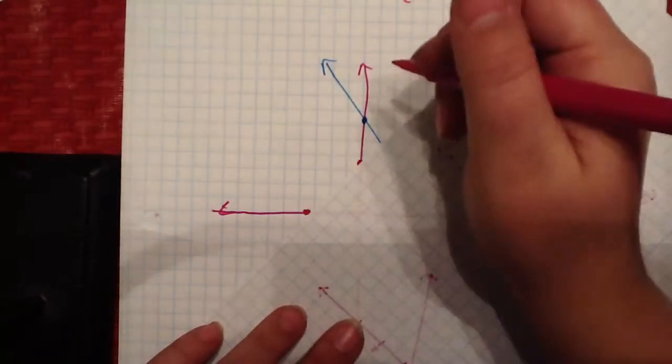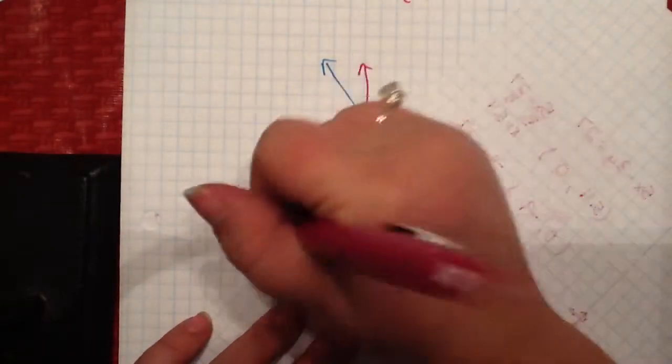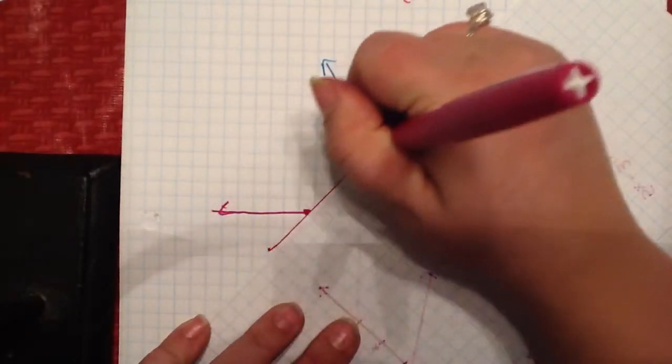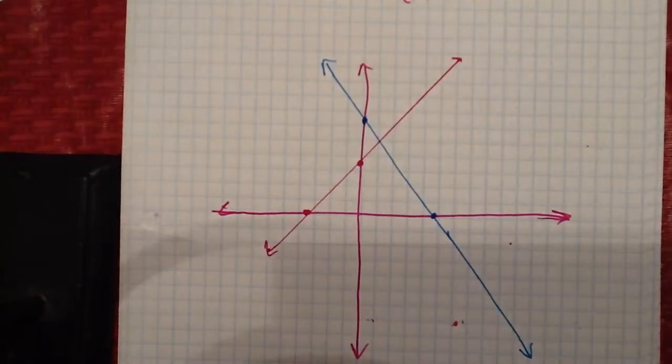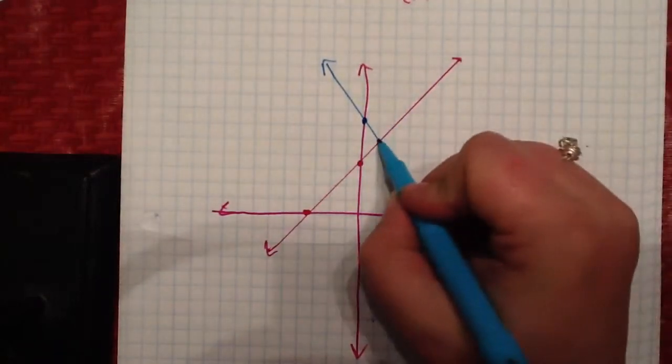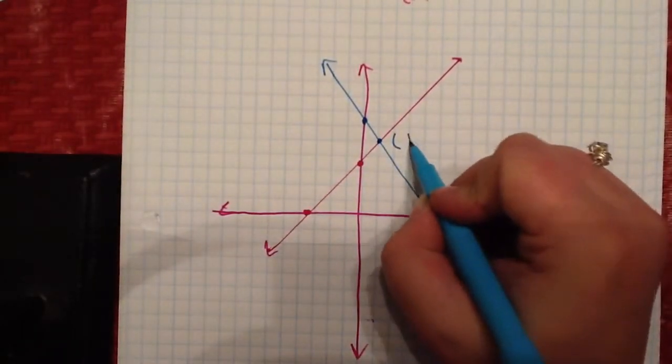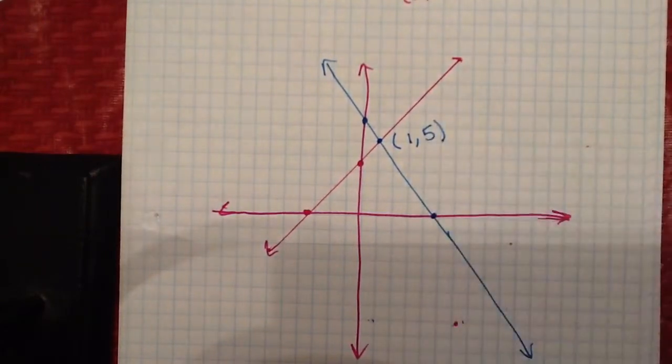And we will connect those with a nice straight line. Make sure we drew it very long. And look, voila! Our graphs checked what our algebraic answer was and confirmed that we are right, that these lines do in fact intersect at 1, 5. That was Solving Systems of Equations by Elimination.